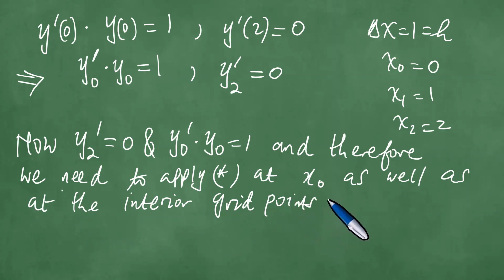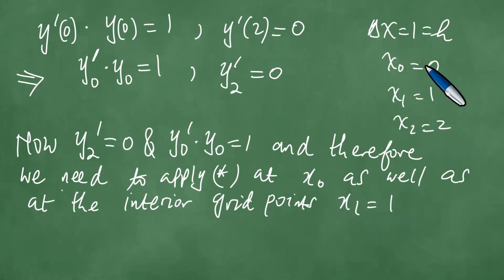Right, and the interior grid points are, because now we have already got these x values, x0, we start from it, and then we have x1, x2. What would the interior points be, for example, here? Okay, remember that, so that's not really a big problem. The interior point is going to be x1, which is 1.